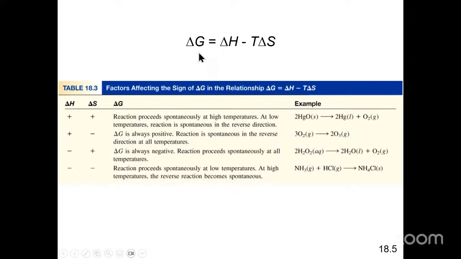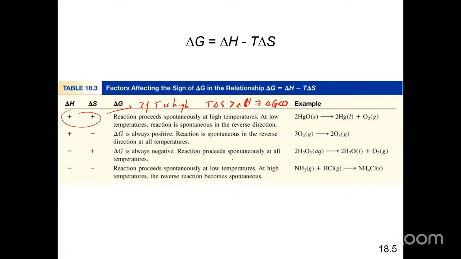So let me just write a little note here. For this part, if temperature is high, T delta S would be greater than delta H, I'm sorry, which would mean that delta G would be negative, which means that the reaction will be spontaneous, right?